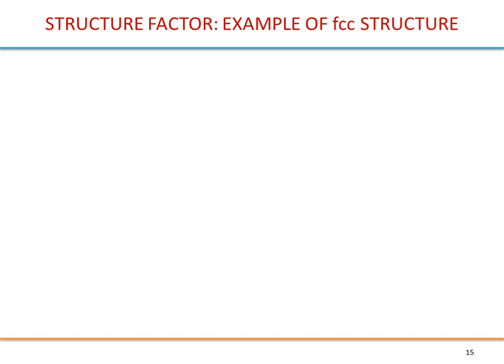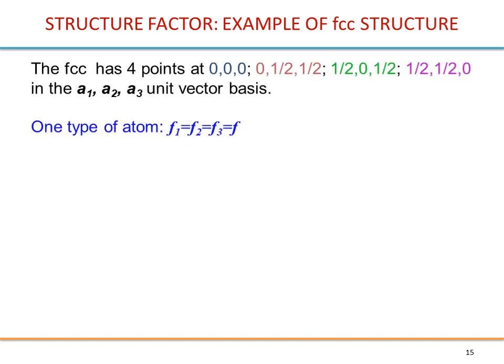Okay, let's take the example of FCC structure. We know that in an FCC unit cell we have 4 lattice points. We can locate them using the a1, a2, a3 unit vector basis, which is an orthogonal basis, and the magnitude of each one is the cubic lattice constant. So in this case we have 4 points, and these are their coordinates.